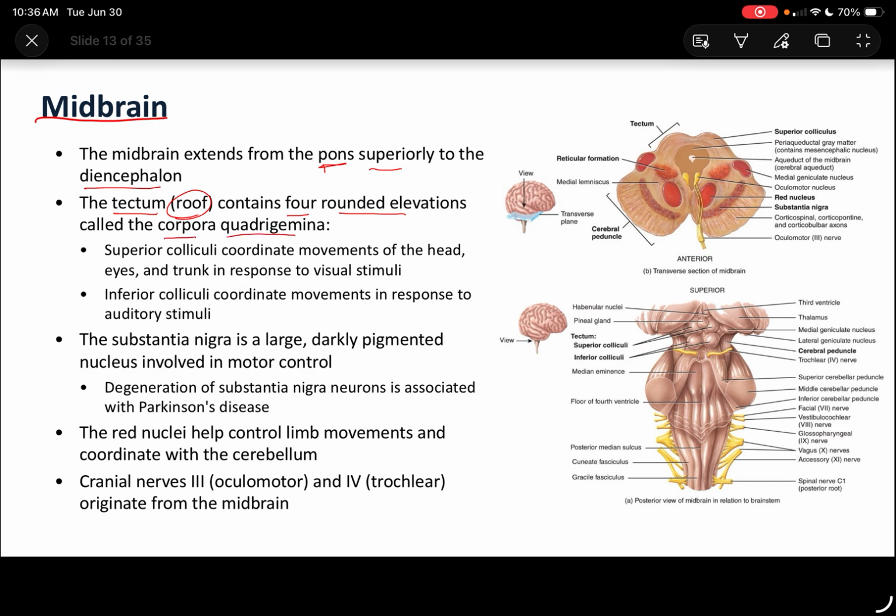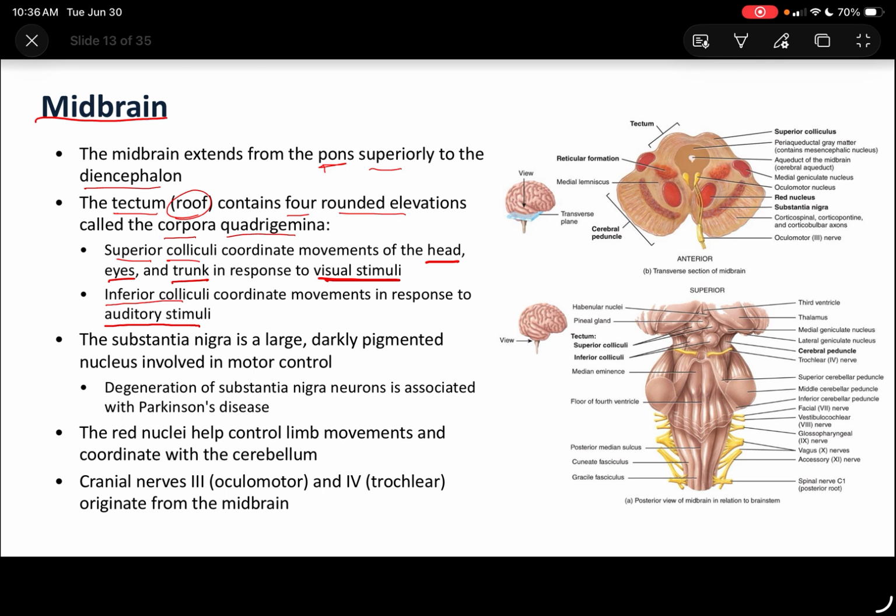Which basically means the 4-bodied triplets, or the quadruplets. Anyhow, the superior colliculi are going to coordinate movement of the head, eyes, and trunk in response to visual stimuli. And the inferior colliculi are going to coordinate movements in response to auditory stimuli.